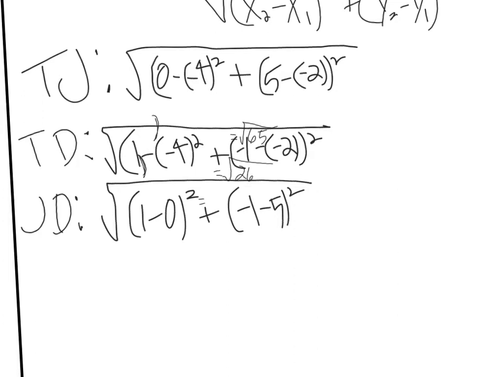And then 1 minus 0 is 1. 1 squared is 1. And -1 minus 5 will become -6. -6 squared is 36. So that'll be the square root of 37. So you could type all these in if you want, but at this point I can tell that these are all 3 different numbers. So this is going to be a scalene triangle.